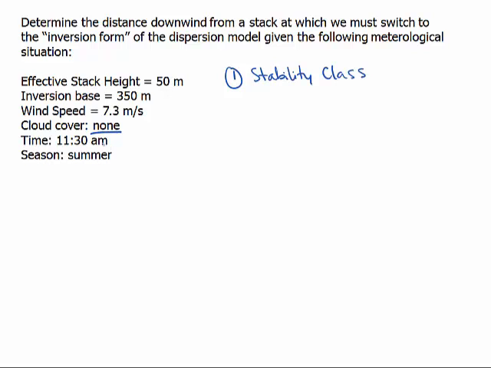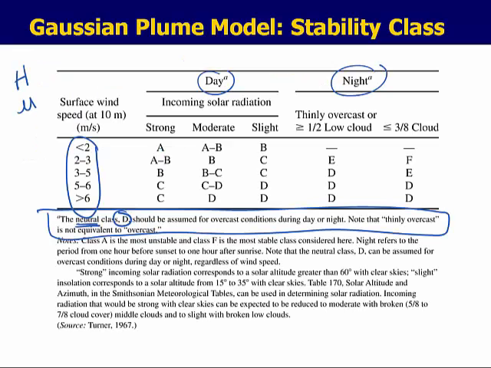In this one, it stated that there's no cloud cover, that you're in the summer, and it's during the day, 11:30 a.m. If you go to that table, we have day, no cloud cover in the summer, probably strong solar radiation, but the wind speed given was 7.3 meters per second. So you'll choose stability class C.